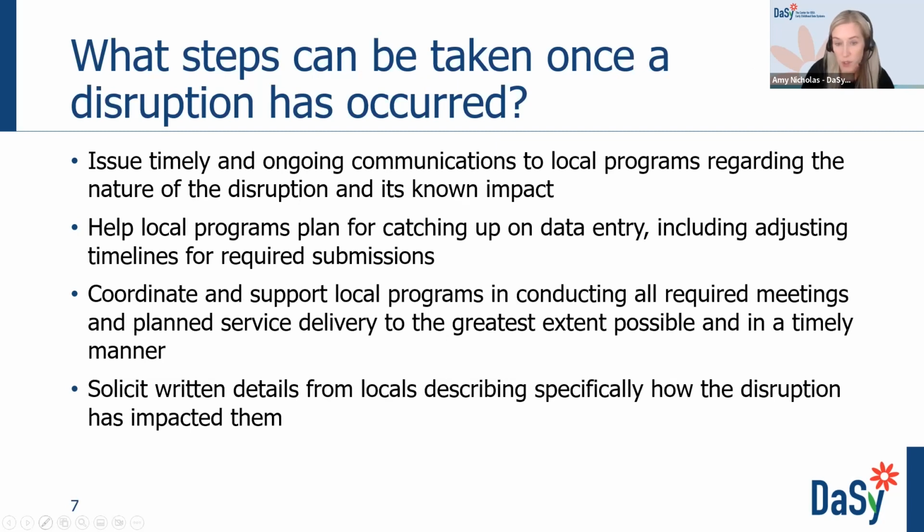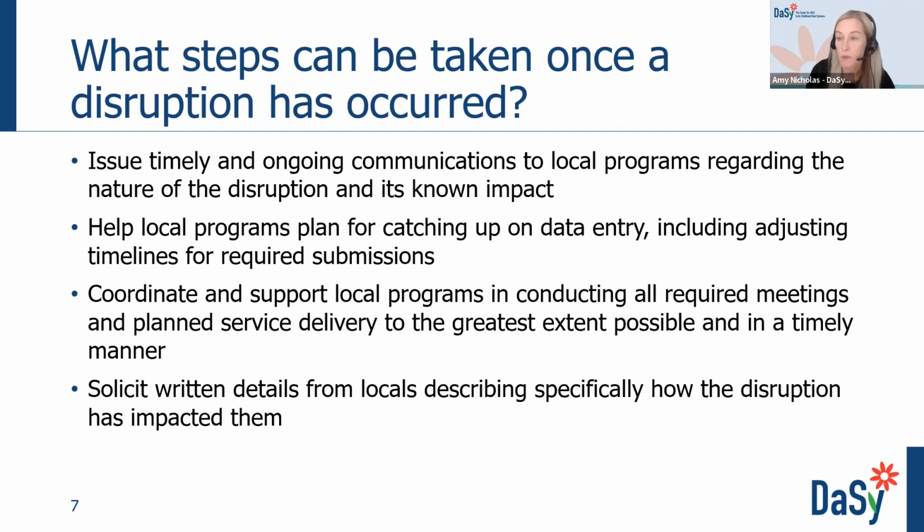So after a disruption occurs, there are different things you can do to help mitigate negative effects. Some of those recommendations include issuing timely and ongoing, not just initial, communication to local programs regarding the nature of the disruption and what exactly it's impacted. So initial information about the event and time and date estimates for restoration or recovery.